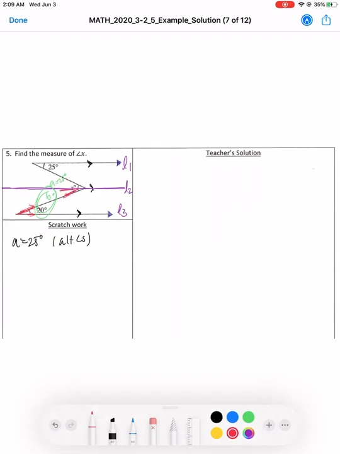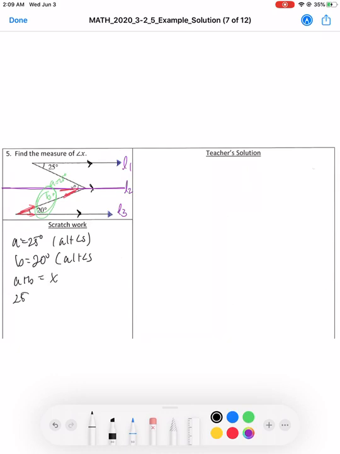And they're on opposite sides of the transversal inside the parallel lines, so they also are alternate angles. So B is going to be equal to 20 degrees because alternate angles are equal. Now we have A and B, so we just add them together to get x.